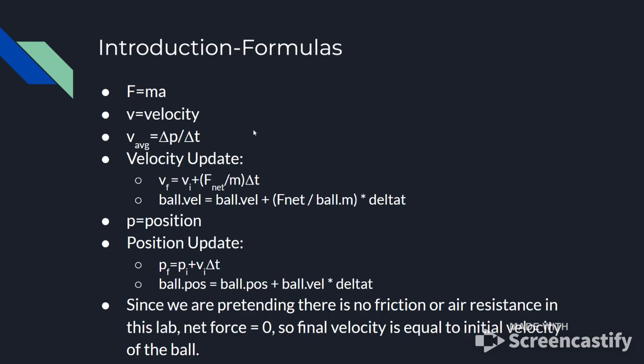We also use the velocity average and velocity update formula. I did this both for my calculations and also for the computational model. Position update formula, again, for my calculations and the computational model. In this experiment, you can pretend that the change in velocity is equal to initial velocity because we are at constant velocity.